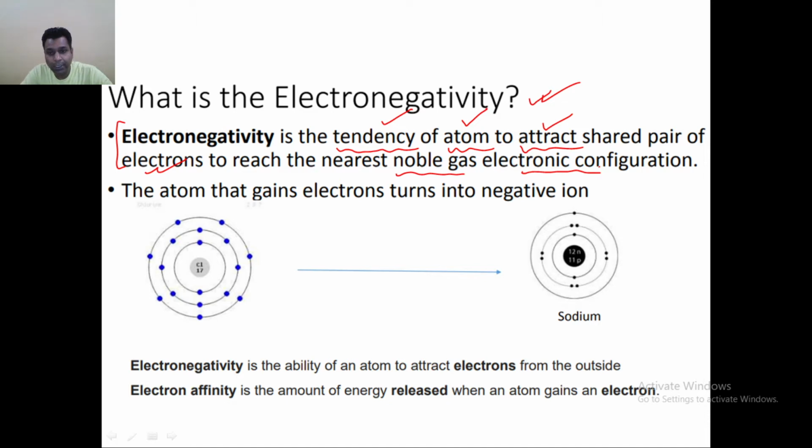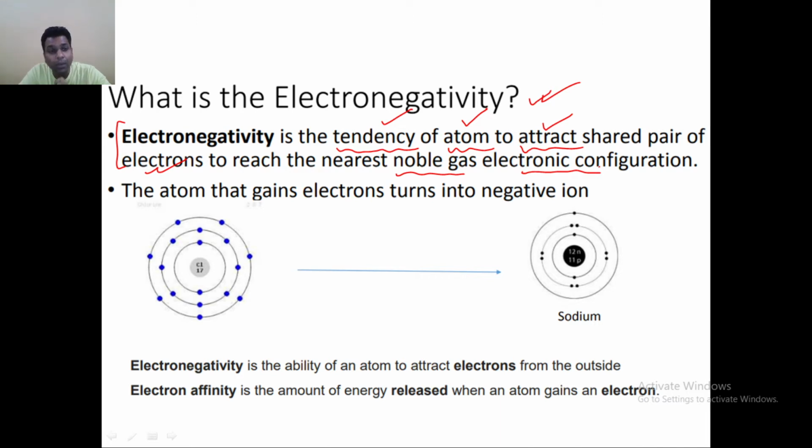As all of you know, in case of noble gases, the outermost orbit has a complete octet, or a complete duet. So every atom tries to attain the nearest noble gas configuration, means tries to complete the octet. Octet means 8 electrons in the outermost orbit, by absorbing the electrons.